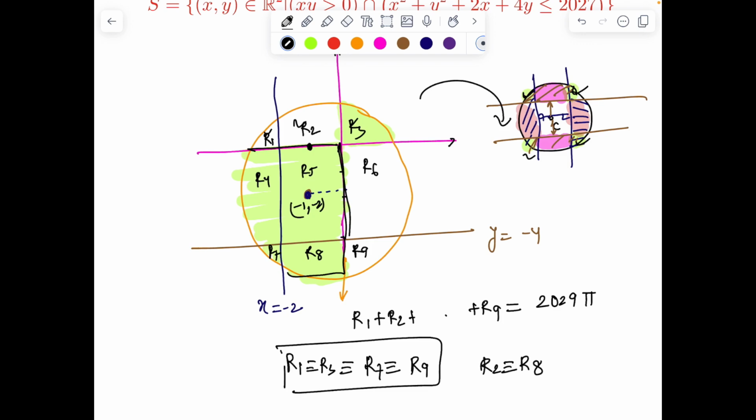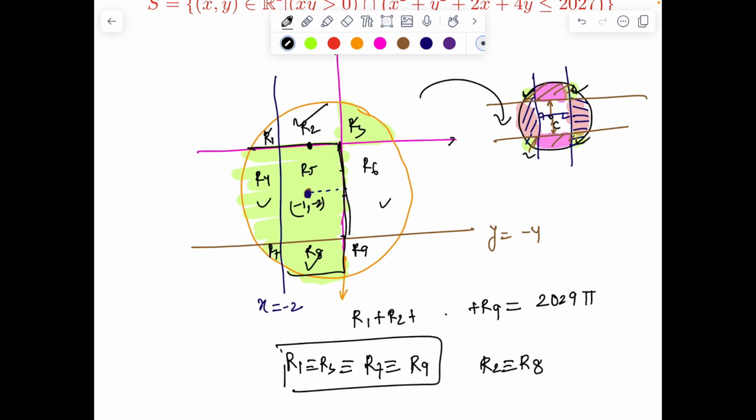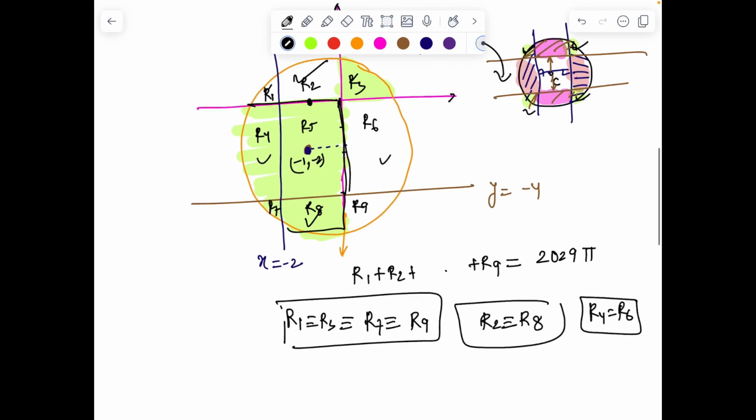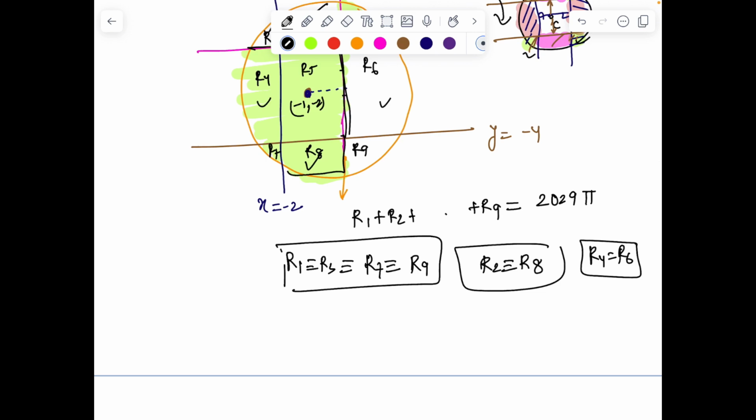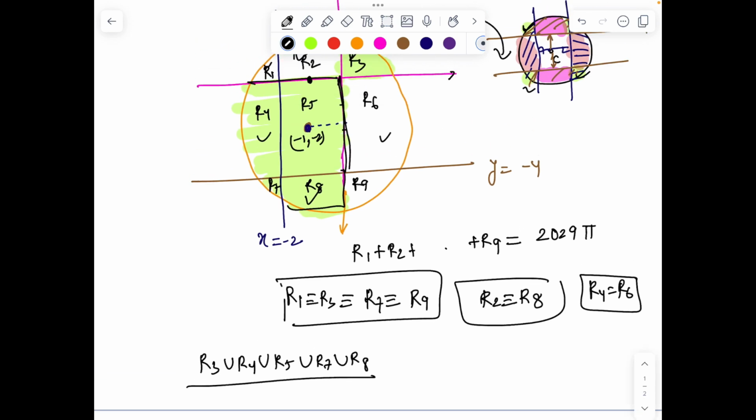Similarly, R2 is the same as R8, because the area of this chunk is the same as the lower chunk. And one more, R4 is the same as R6. So the area of the required region is R3 union R4 union R5 union R7 union R8. So what is this area?